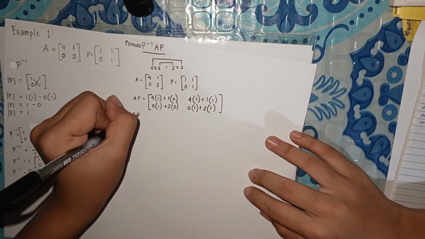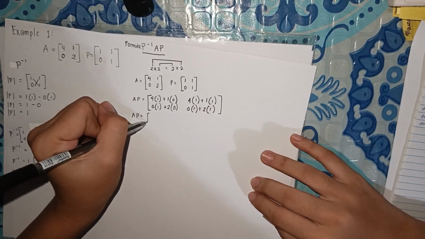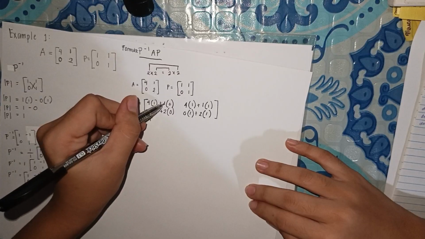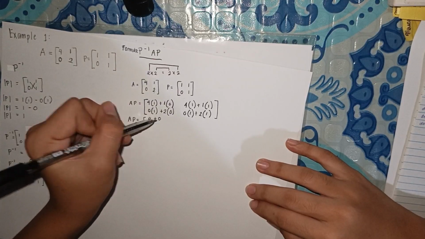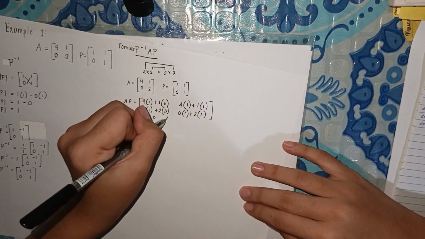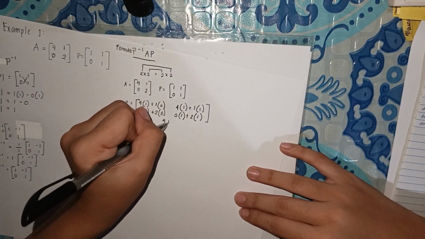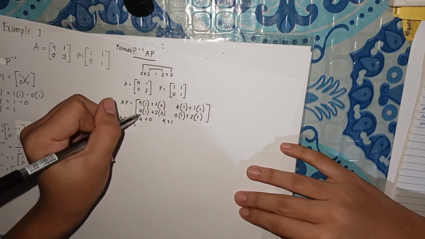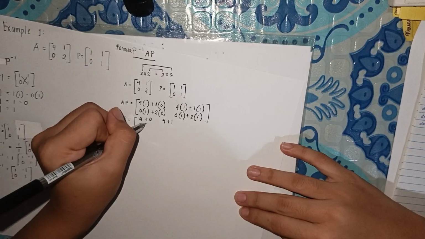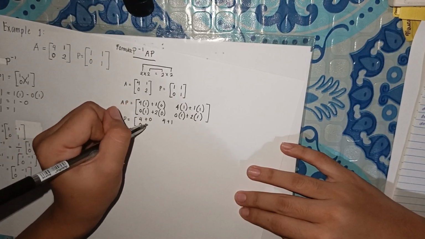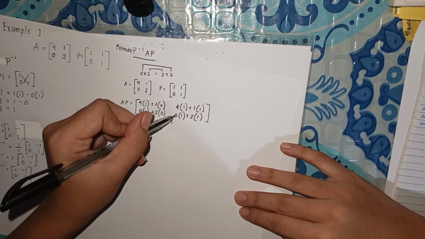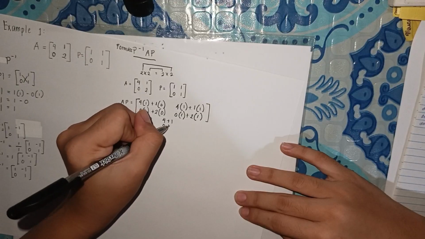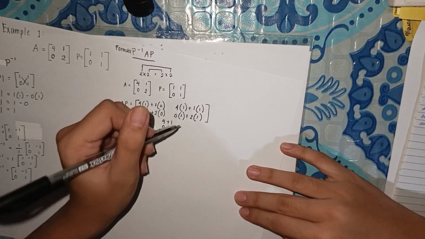Then, 4 times 1, 4. 1 times 0, 0. 4 times 1, 4 plus 1 times 1, 1. Then 0 times 1, 0 plus 2 times 0, 0. Then 0 times 1, 0 plus 2 times 1, 2.